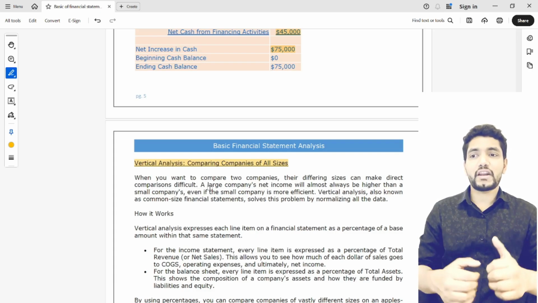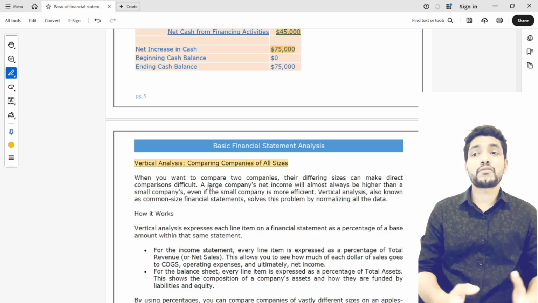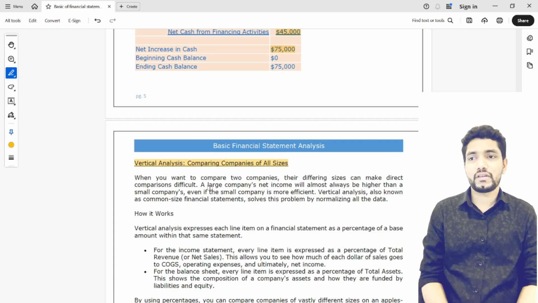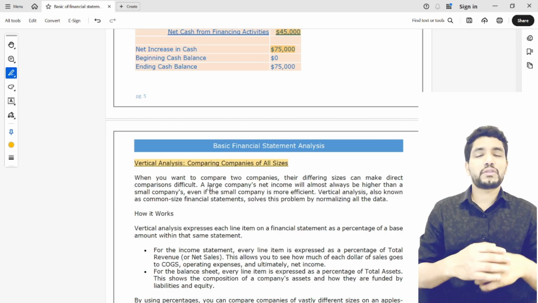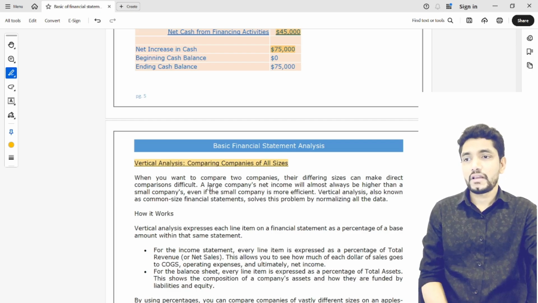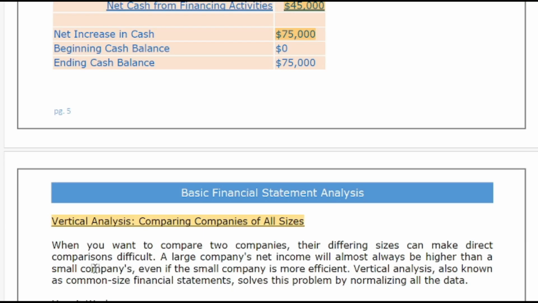I mean, if you are trying to compare two companies which have a different level of business activities, which can be difficult if you are comparing directly from the financial statement. A large company's net income will almost always be higher than smaller companies, even if the small company is more efficient, right? Vertical analysis, also called common size financial statement analysis, solves this problem by normalizing all the data.